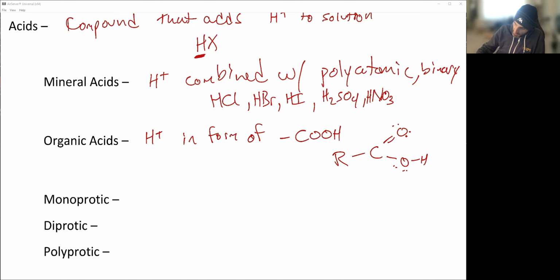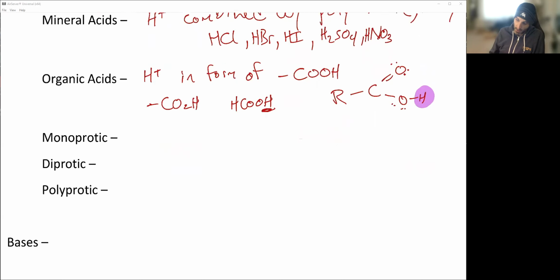So this is the acid that is acidic. That's the one that produces H+ in water. Okay, so anytime you see COOH or CO2H, you see that less, but you will see that, or H out front, HCOOH. In fact, that one is actually the acidic one, but that's formic acid. You're going to see a bunch of these. Anytime you see COOH, it's an organic acid.